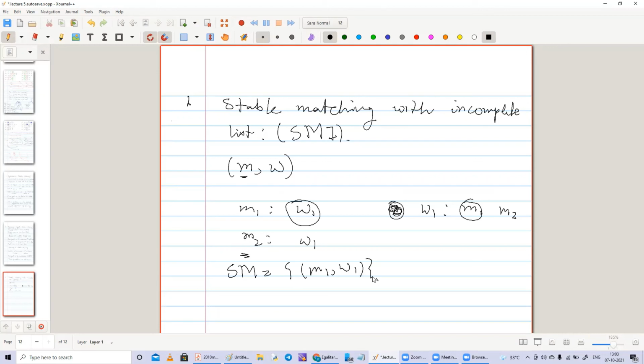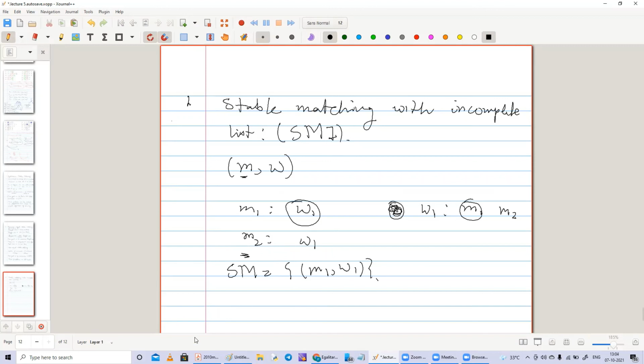Similarly, we will prove that if some man or woman is unmatched in one stable matching for a given instance, that man will remain unmatched in every stable matching. We are going to prove that in the next class for stable matching with incomplete lists.